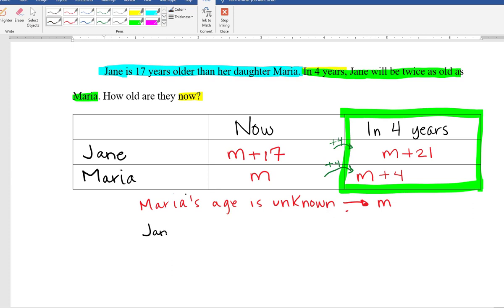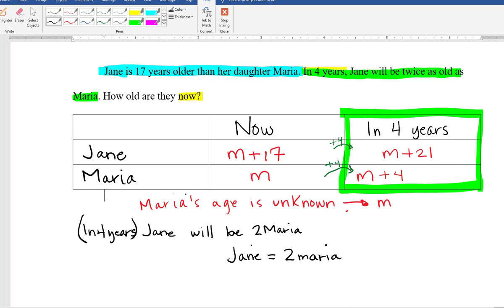So this is about in 4 years. Jane will be twice as old as Maria. That means that's worth 2 Maria's ages. Right? Not 2 of the people, but 2 of her age. So Jane will equal 2 Marias. But this is in 4 years.